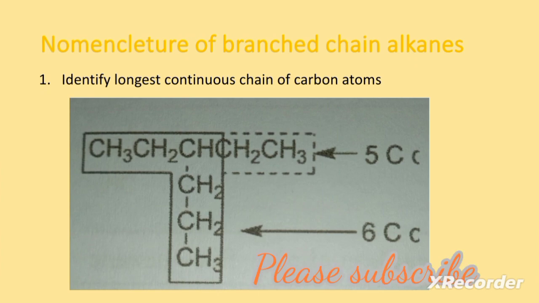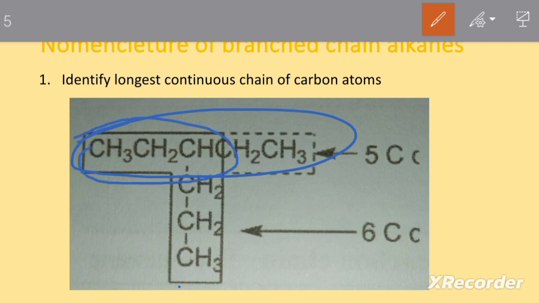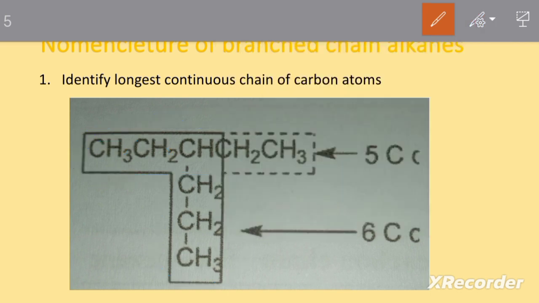First of all, we should identify the longest continuous chain of carbon atoms. Here, you can see there are three continuous chains of carbon atoms. We will count each of these.